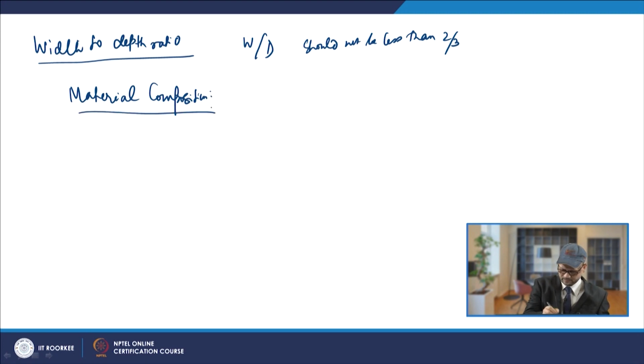So, what is the composition of the material, and some of the materials' amounts should be limited. Normally we try to avoid the higher percentages of some elements like carbon or nickel, because the presence of these elements increases the hardenability of the steel, and whenever the hardenability is increased, the susceptibility towards crack formation will be higher.